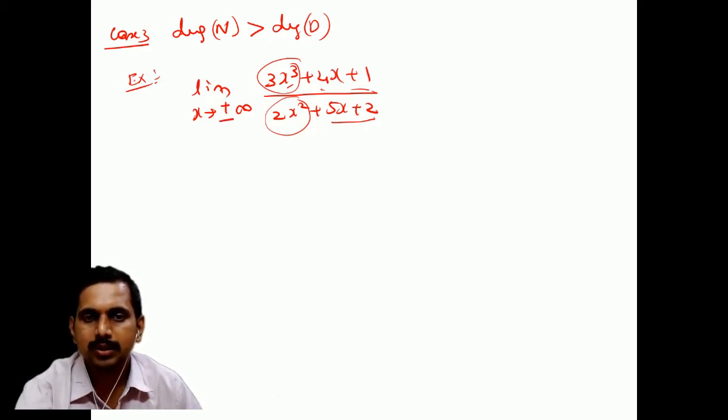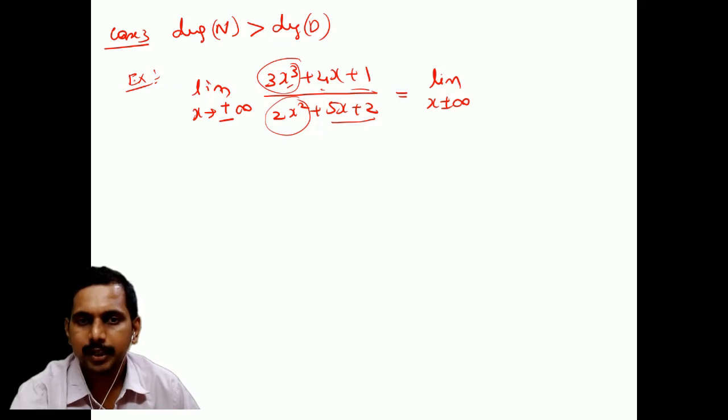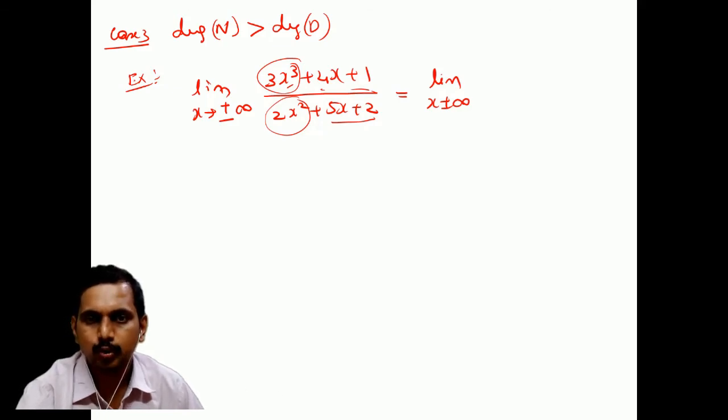Very important. So this can be written as limit x tending to plus or minus infinity, what is important is only the bigger one, 3x cube divided by 2x square.